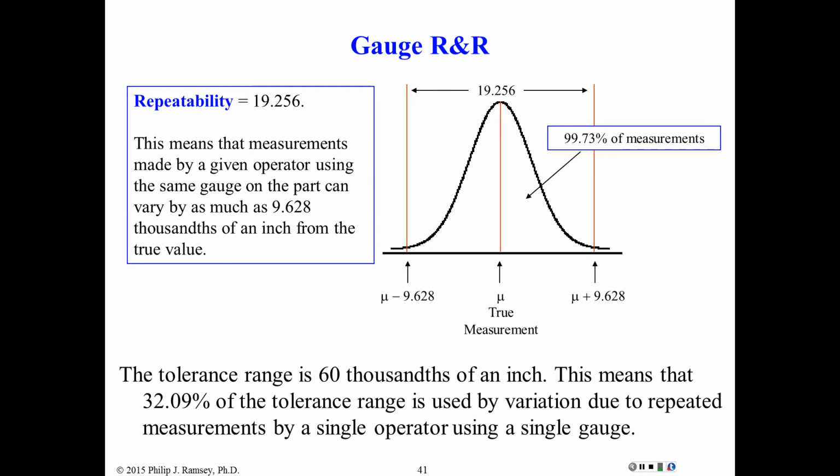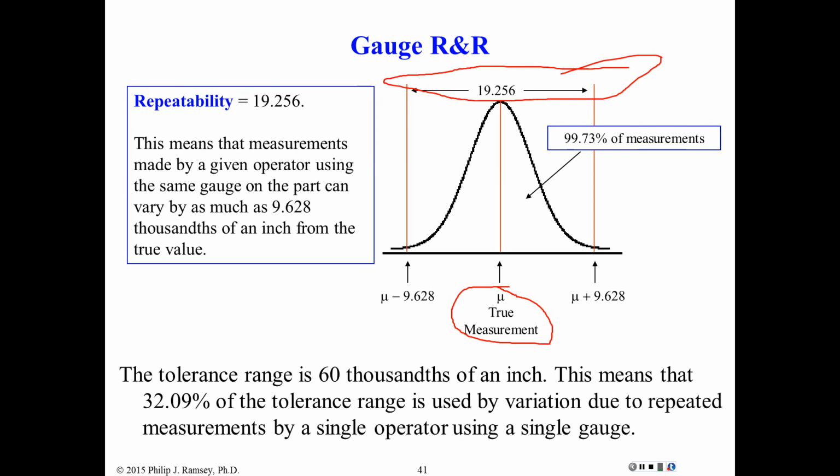So in our case, notice that if we had say a true measurement, in other words, let's circle that, that's the actual dimension of the unit or whatever physical property we're measuring. But notice that even though that's the true measurement, the actual measurement itself can vary by as much as 19.25 thousandths. Okay, that amounts to plus or minus 3 standard deviations of the mean.